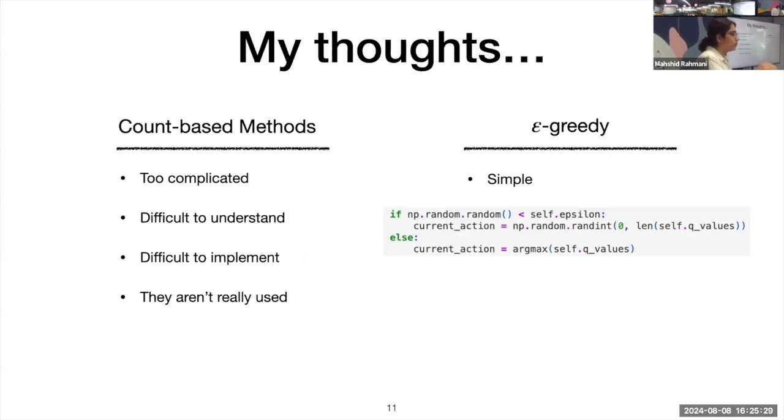And so what do I think about these methods? For me, these methods are complicated. They're too complicated to use, and they're difficult to understand. And if you read some of these papers, they're difficult to implement as well. So if you look in the community, generally people don't use pseudo-counts for exploration.